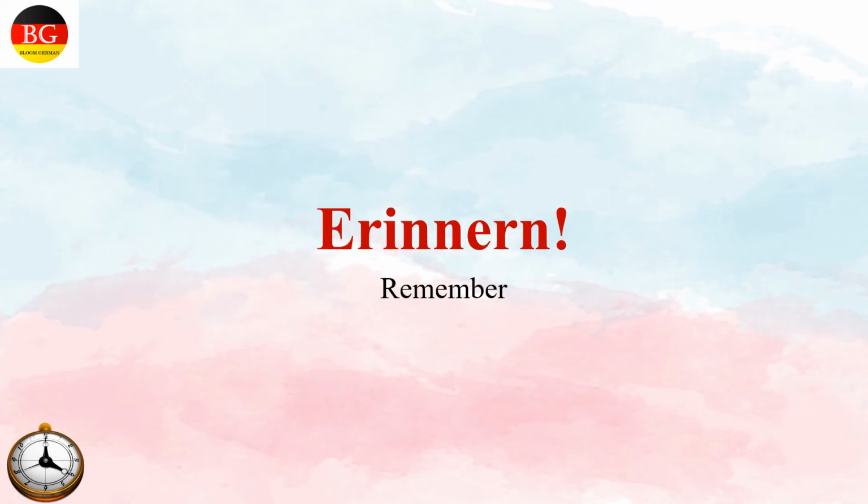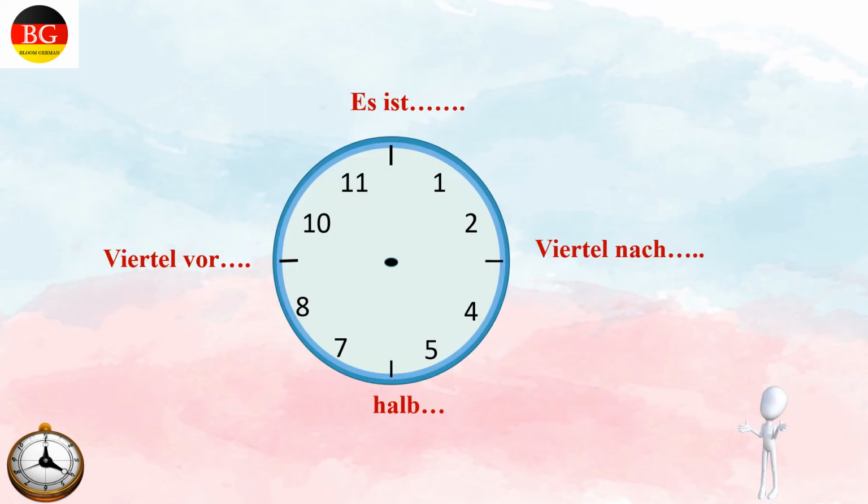Erinnern. Something to remember. When it is our format, we have to say the sentence or answer as es ist 1, es ist 2, es ist 3 and so on. When the big hand of a clock is on number 3, what would be the answer? Es ist Viertel nach 2, Viertel nach 6 and so on.